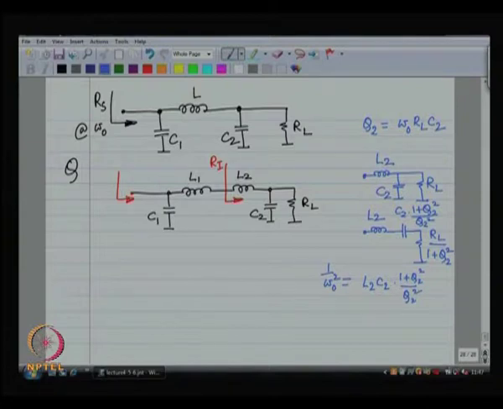So, this is one design equation. You keep this design equation in mind, and basically you choose C 2 accordingly. You also have to keep this design equation in mind. All right.